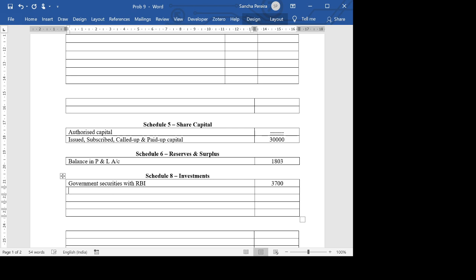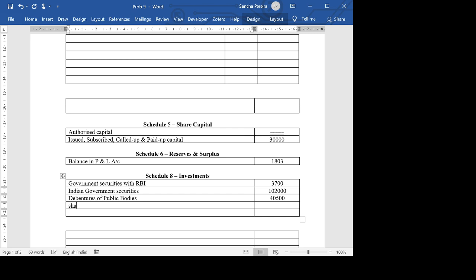Then there is Indian government securities, which is 1,02,000. Then there are debentures of public bodies, which is 40,500.